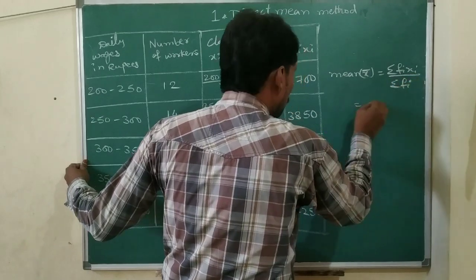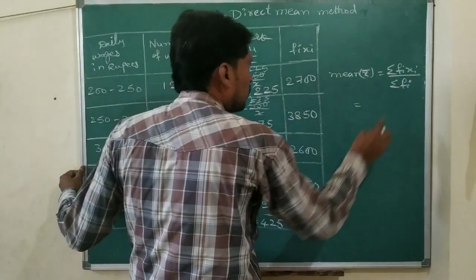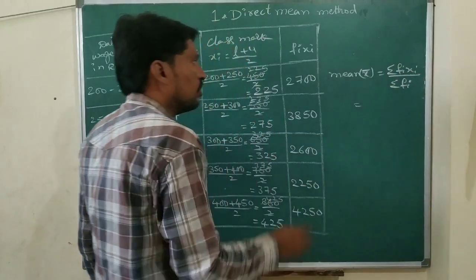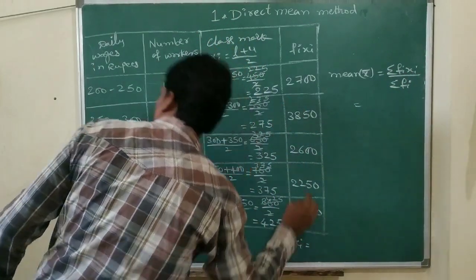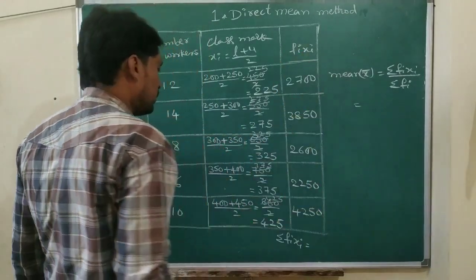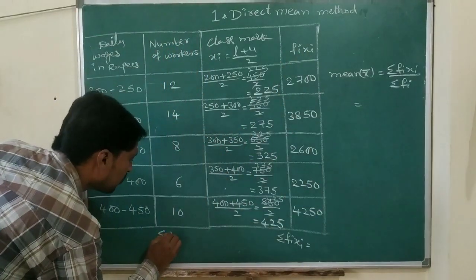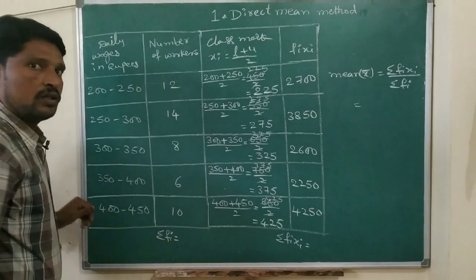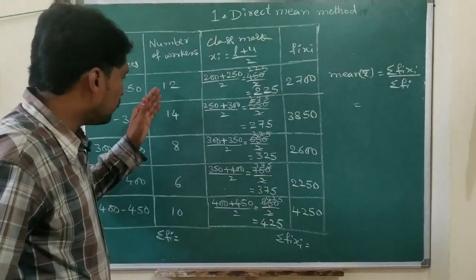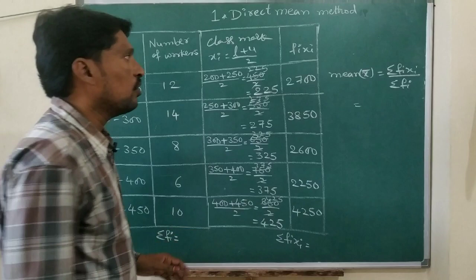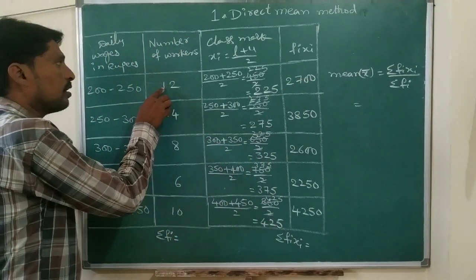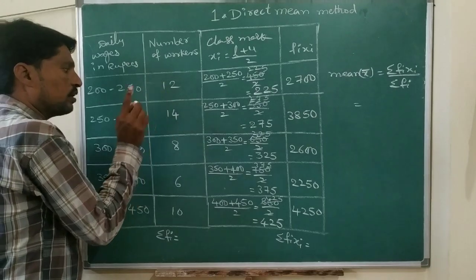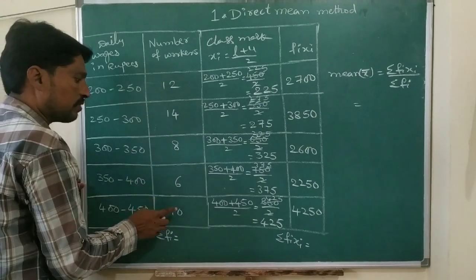Now you can write the formula, mean x bar equals sigma fi xi by sigma fi. Before that, we need to take the sums. We need to add all the fi xi, and sigma fi, the frequencies, also we need to add. First I'm taking sigma fi: 12 plus 14 plus 8 plus 6 plus 10.